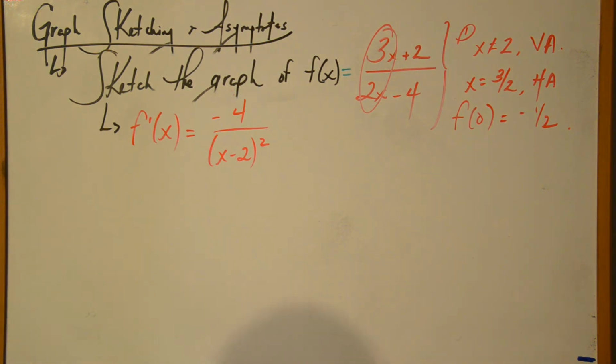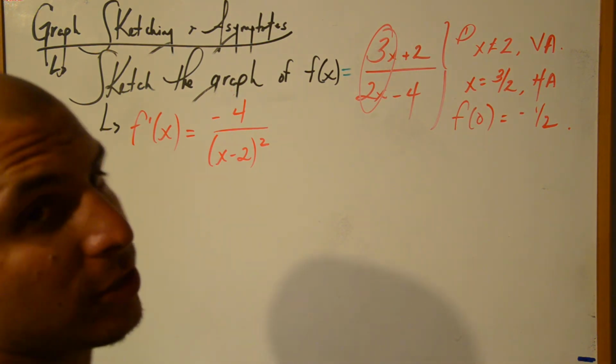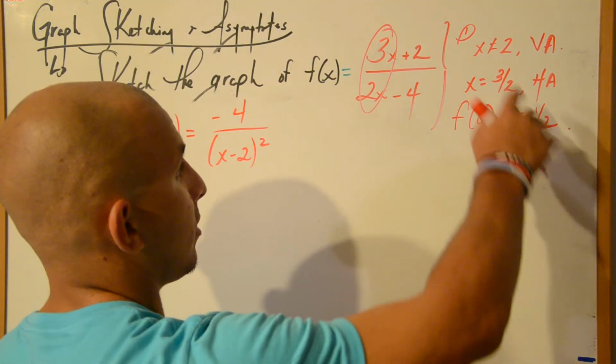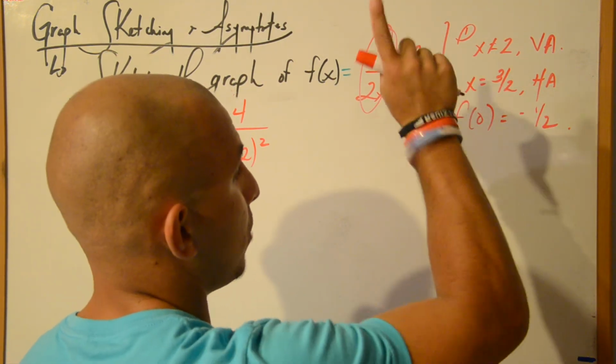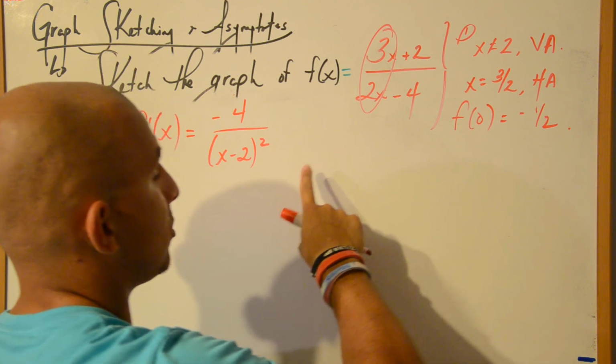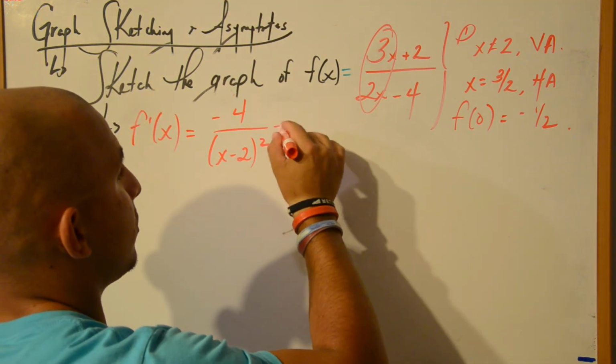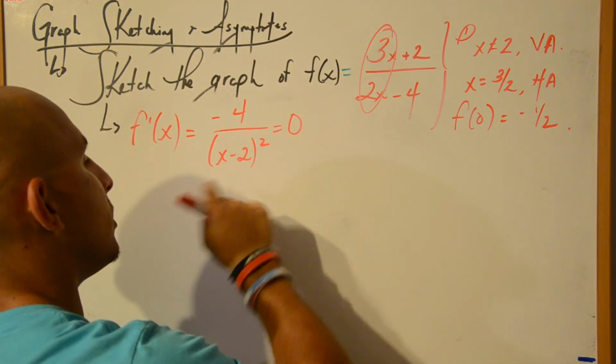So, we run into a bit of an issue because x is not allowed to be 2. But we had said that we look for values that make the first derivative equal to 0 or undefined.